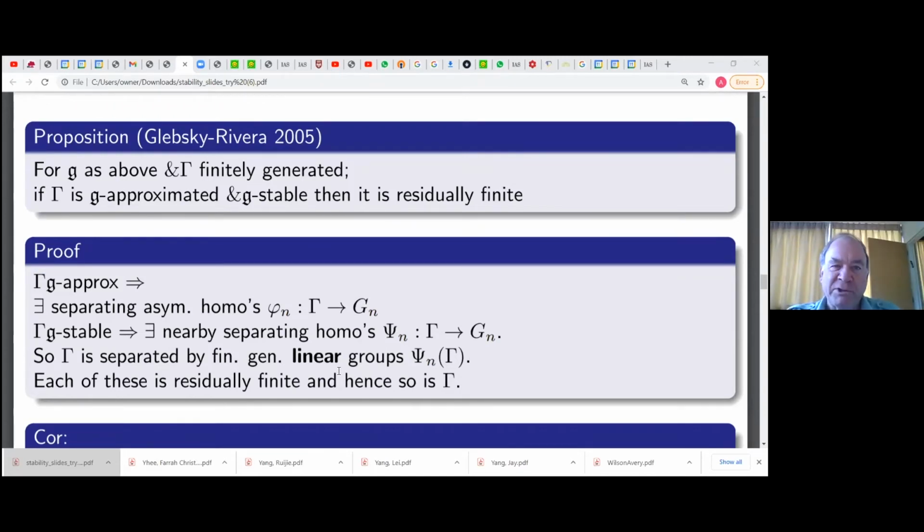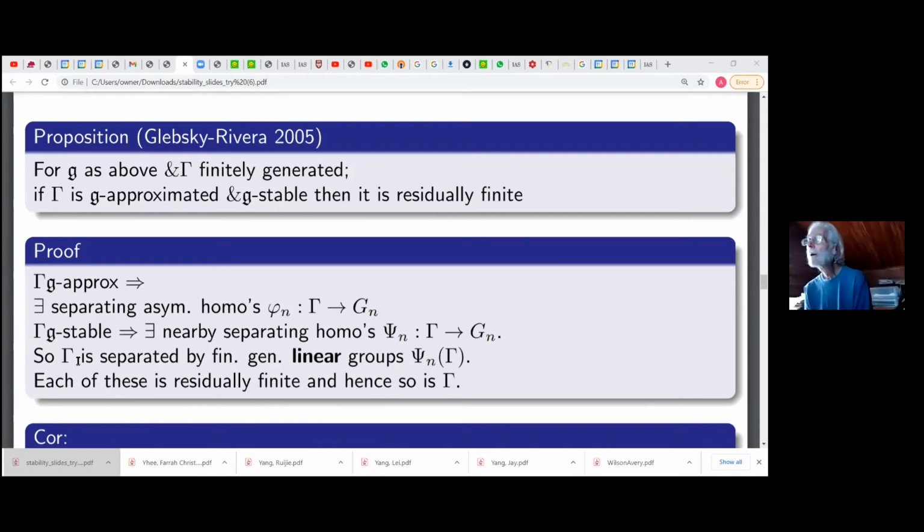If you see a pistol in the first act, it should appear somewhere later. We said that linear groups are residually finite. So I can now separate the points of the image by finite groups. So if I can separate the points of Gamma by homomorphisms psi-n to linear groups, and I can separate the points of the image psi-n of Gamma by homomorphisms to finite groups, I can separate the points of Gamma by homomorphisms to finite groups, and therefore Gamma is residually finite.